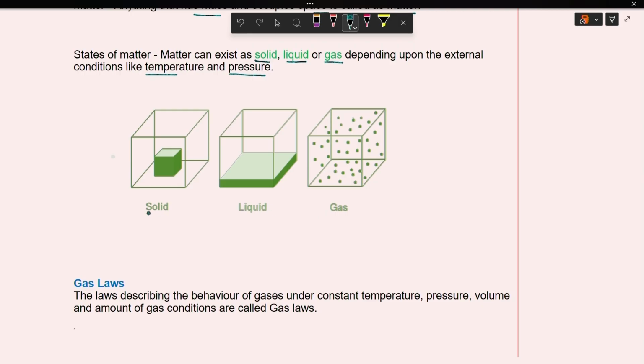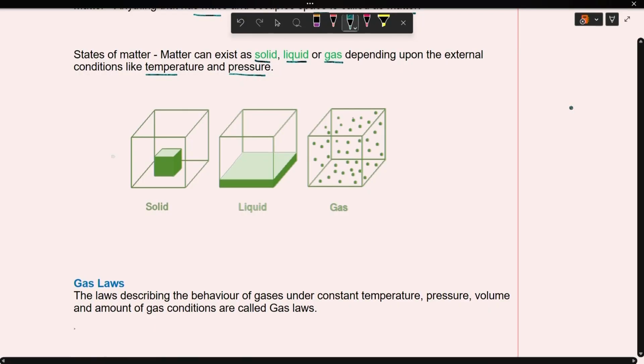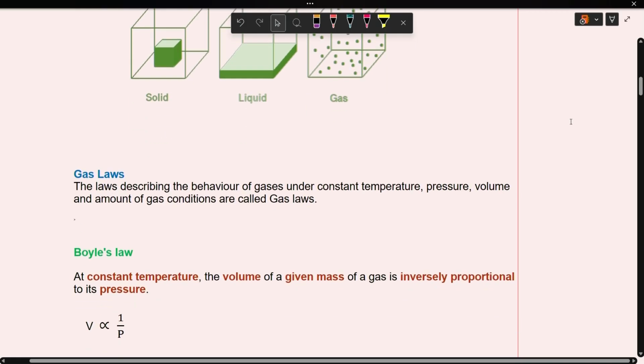In solid it is compactly packed, in liquid it is slightly extended, and in gas the molecules or the particles are very free to move about. That is, the intermolecular space, the space between the particles, is very high in the case of a gas.